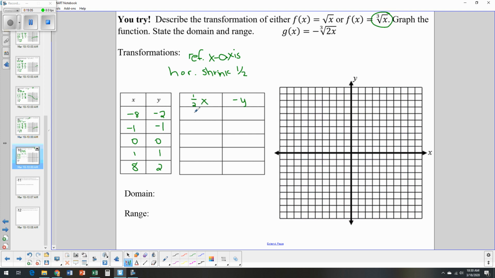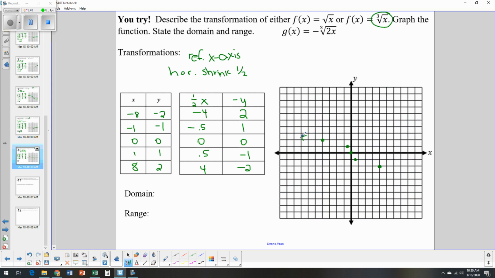So this is where we're going to have -4, -0.5, 0, 0.5, 4, and then change all the signs of my y's. All right, we have -4, 2, -0.5, 1, 0, 0, 0.5, -1, and 4, -2.